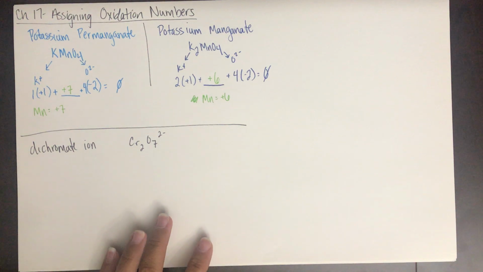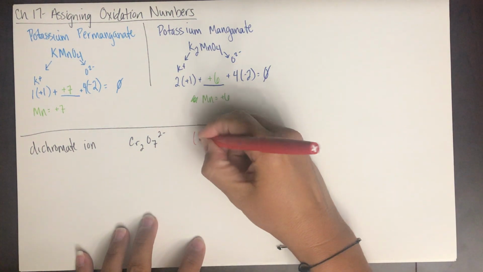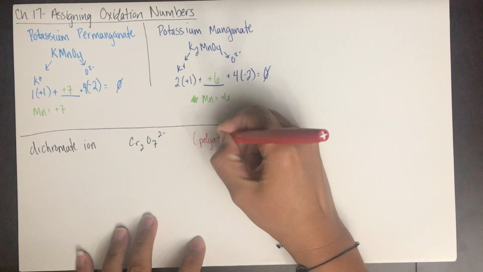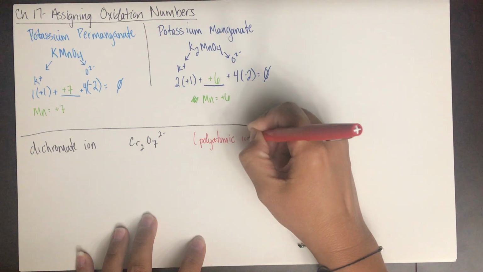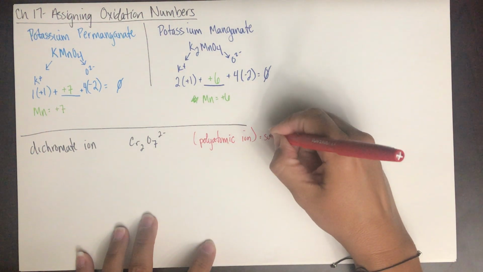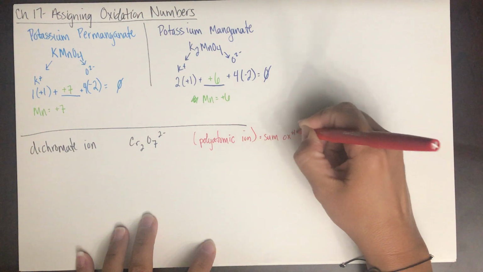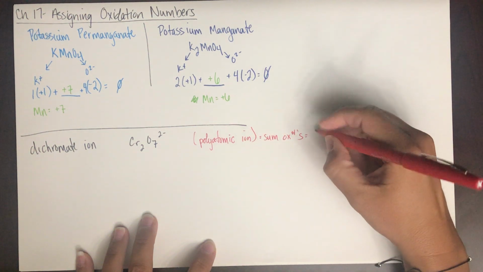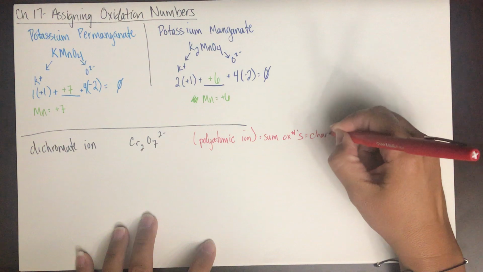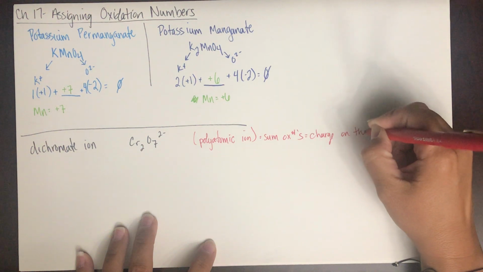So this is a polyatomic ion, which means the sum of the oxidation numbers is going to equal the charge on the ion.